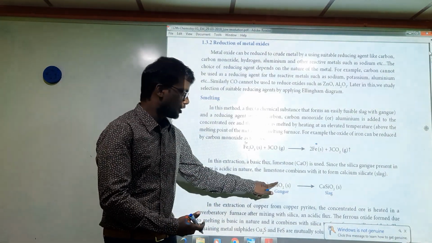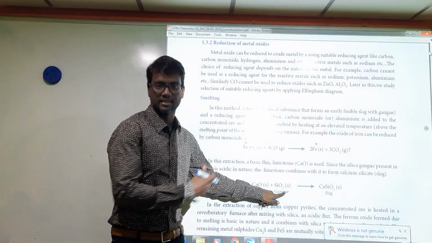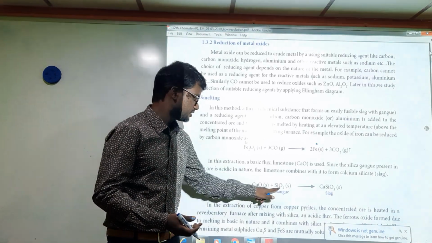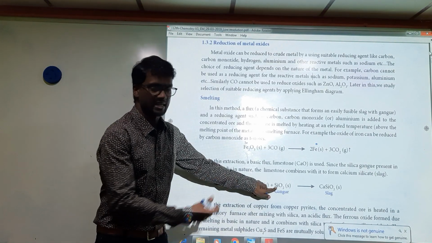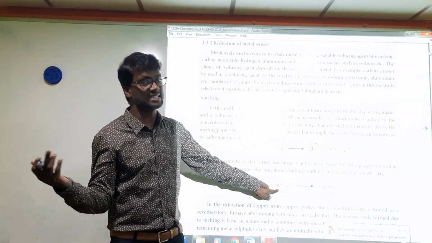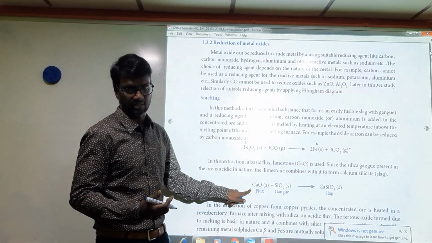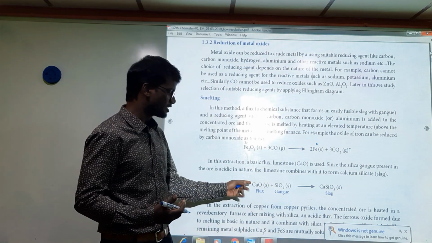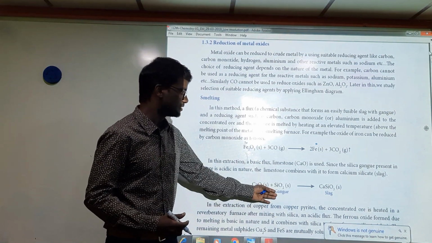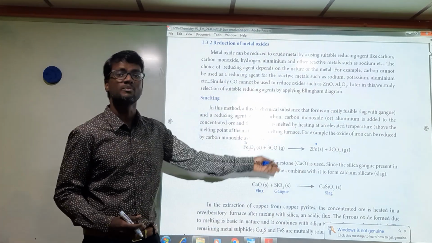The reason is that non-metallic oxides form acids and metallic oxides form bases. Here silica, silicon dioxide, is present as gangue, so we have to choose a flux which is basic in nature, that is calcium oxide. We call it a basic flux because metal oxides are basic in nature. This will combine with silica to form slag, calcium silicate.